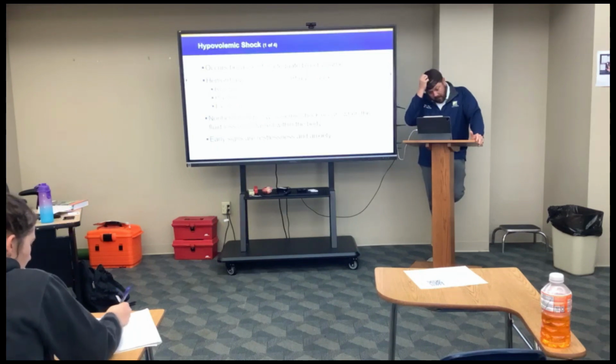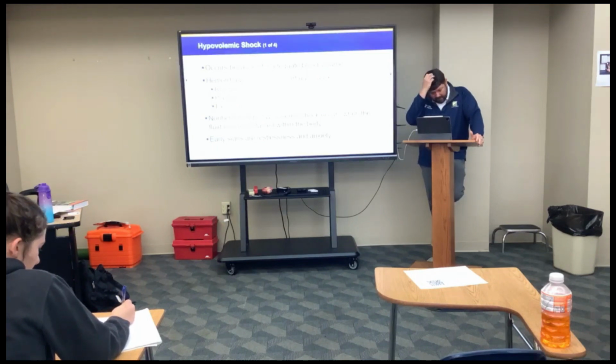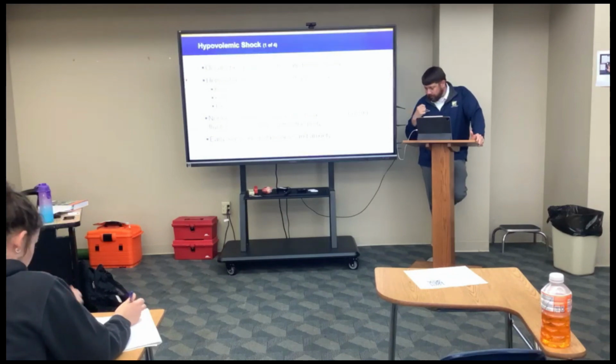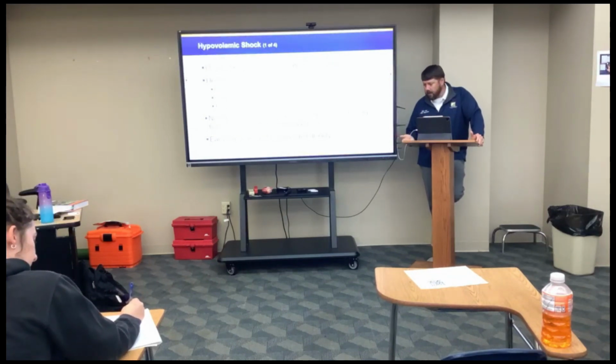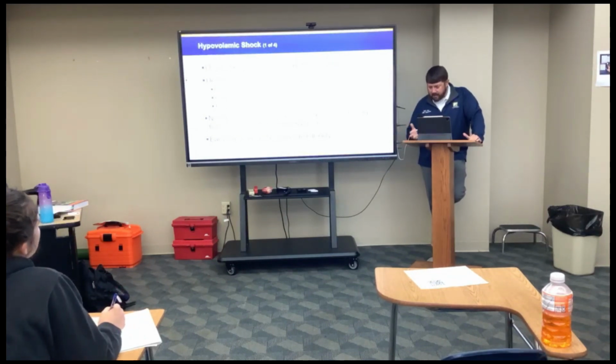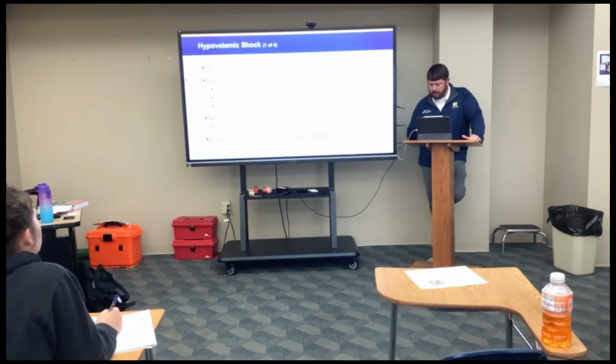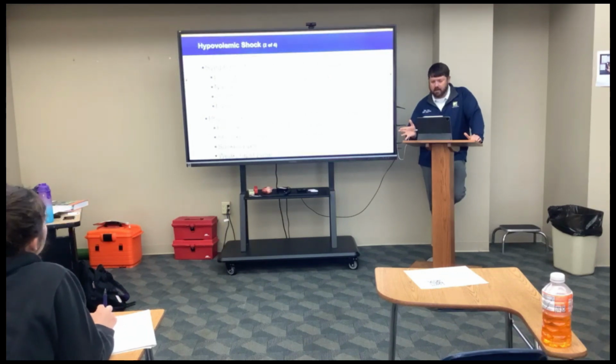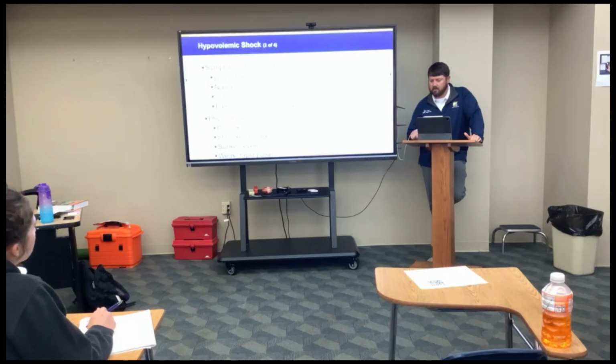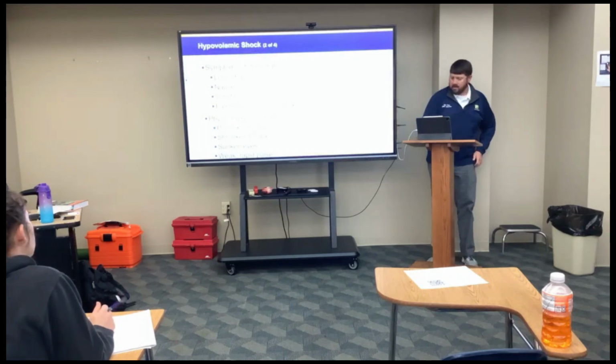Hypovolemic shock, non-hemorrhagic hypovolemic shock, fluid loss out of the container. We can give just normal saline or some other type of volume expander. We want to look for signs of dehydration, weak and rapid pulse, rising more than 15 beats per minute when the patient is raised from a recumbent to sitting position.